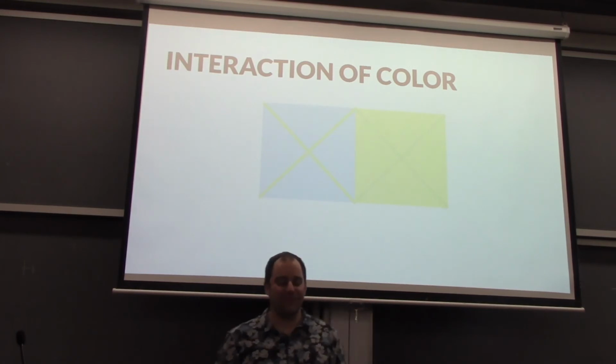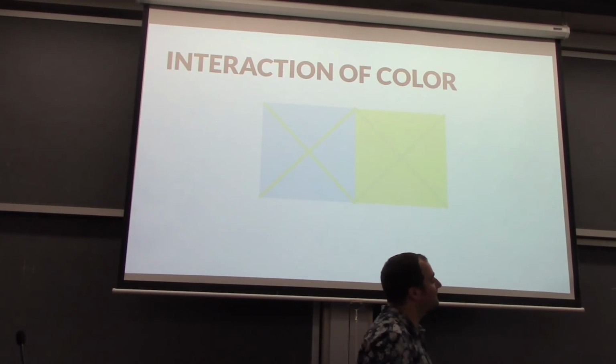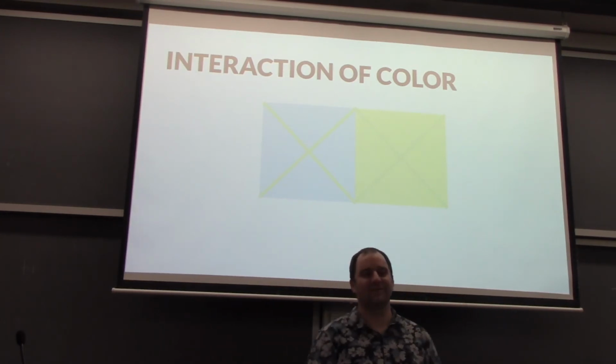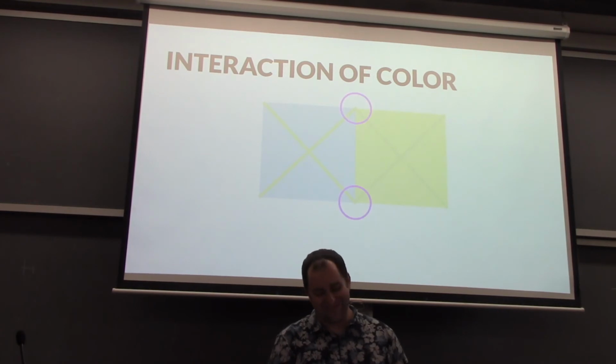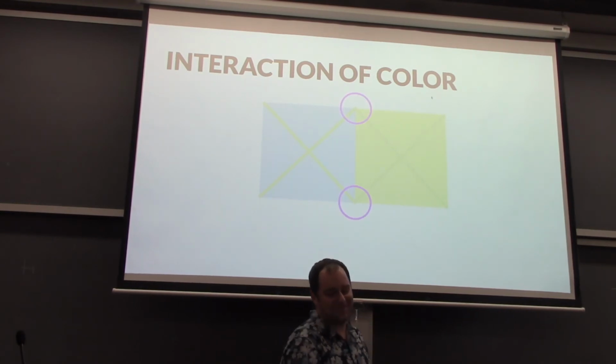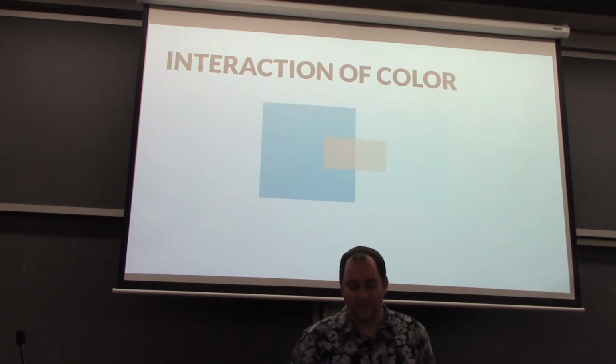Which of the axes is darker? Left or right? Right. Who thinks right? They're the same. Now you know. You can look at the intersections here, and you can see there is no difference between them.